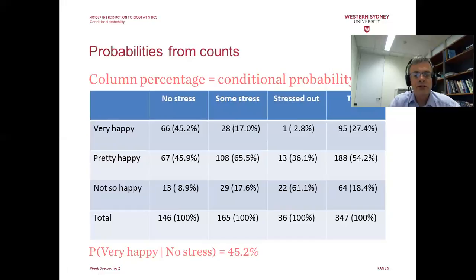So if I was to choose a student at random from the no stress group, then I have a 45.2% chance that they're a very happy student. So the probability of choosing a very happy student, given that I'm only looking at those who said they had no stress, is 45.2%.